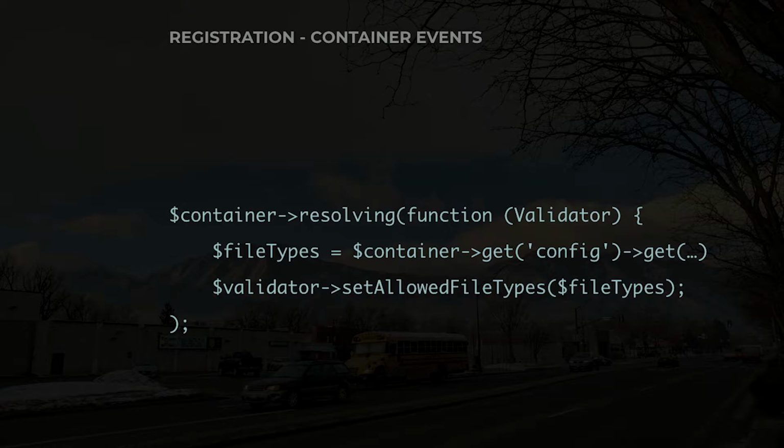There's a typo here, it needs to be validator, $validator. Anyway, whenever a validator of this type is being resolved, we're going to call this method. This is called method injection. We're going to call this method setAllowedFileTypes and inject whatever is needed. Note that the validator does not need any knowledge about the container or the framework's config class or whatever. So this is a way to make your code less framework dependent.